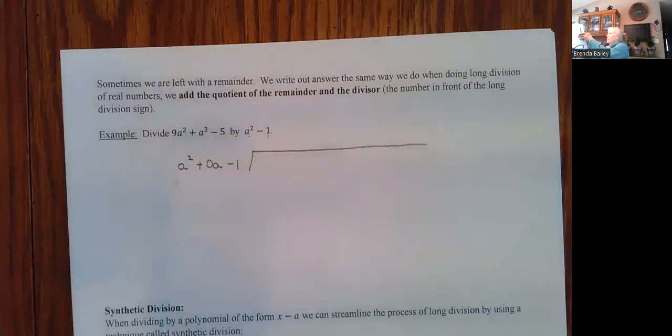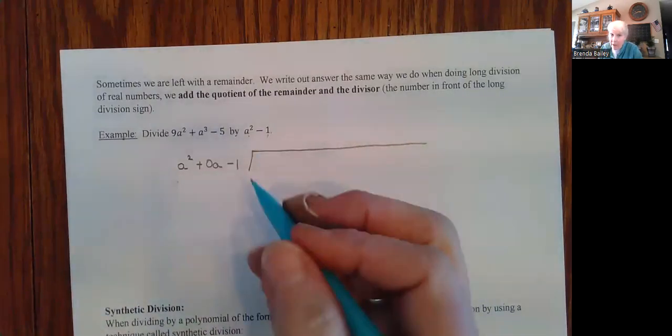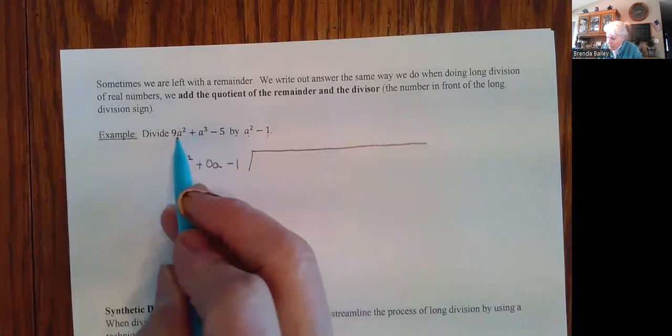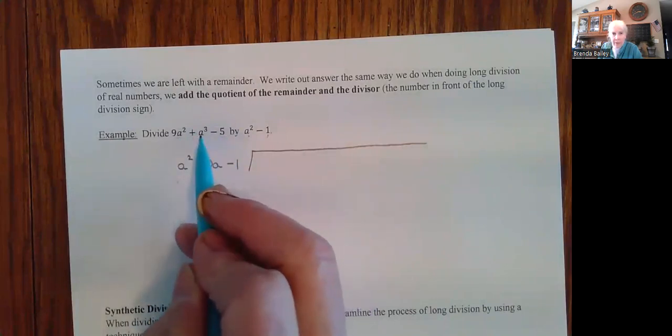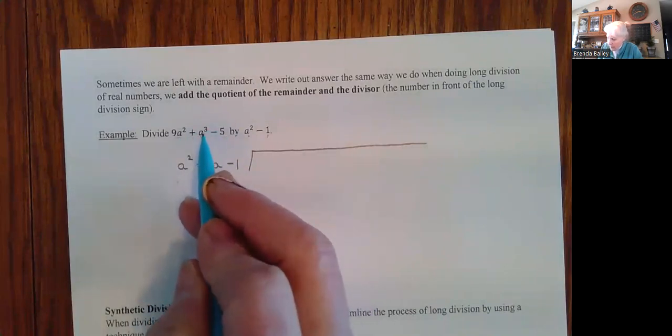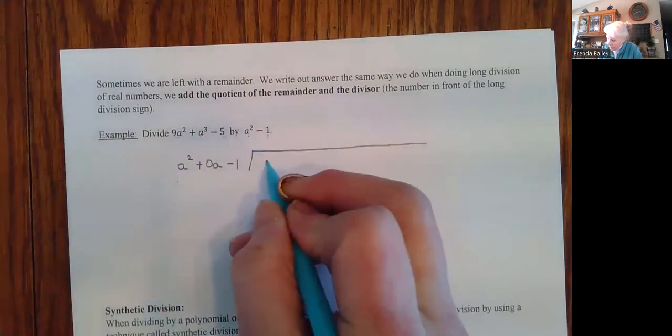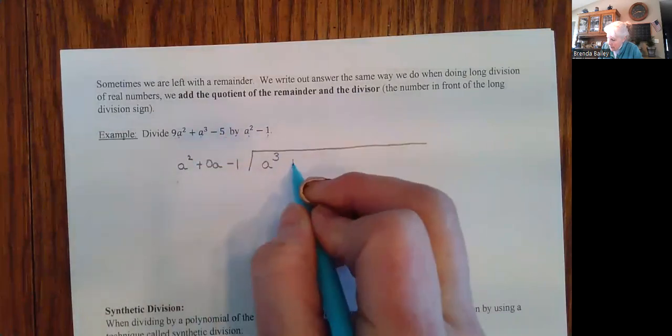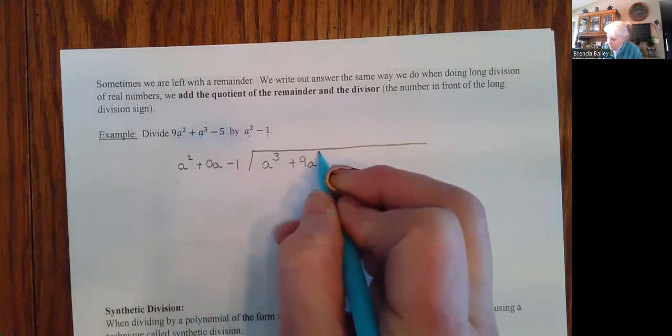Now inside, be careful, because here they don't have this in the right order, but you have to put it in the right order. So we have a cubed plus 9a squared. I'm just putting it in order.